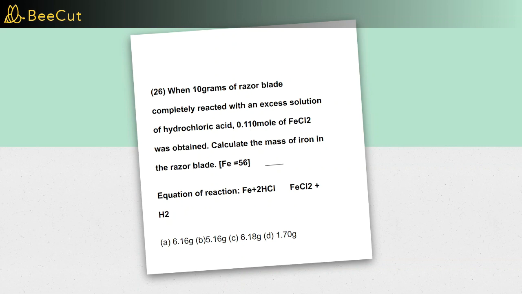Calculate the mass of iron in the razor, whereby the mass number for iron is 56. We first balance the equation, and the equation was given as iron plus hydrogen chloride to give us iron 2 chloride plus hydrogen gas.